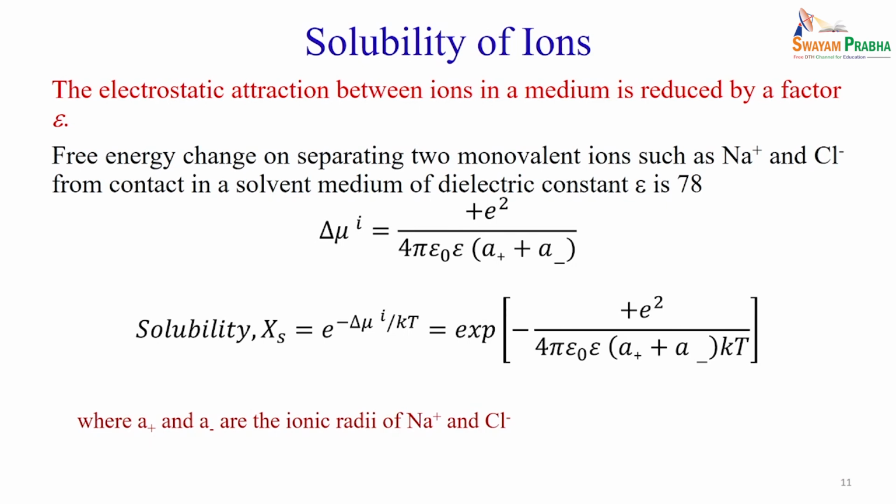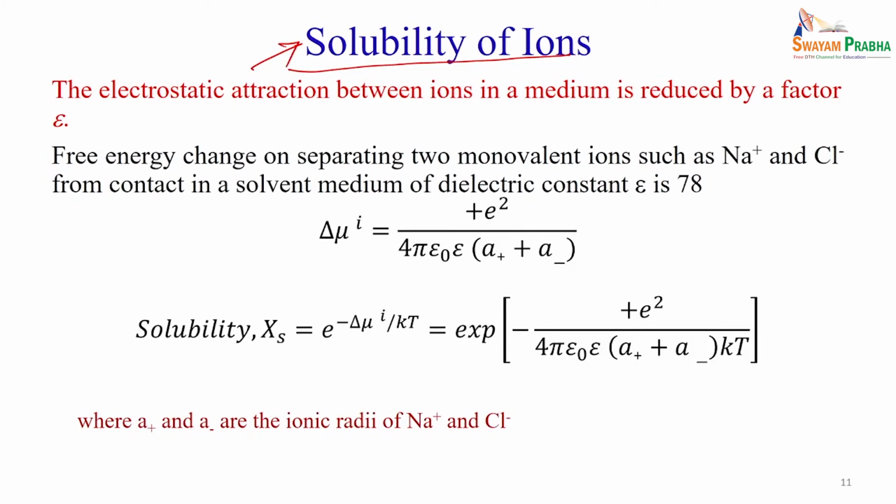So, here we will see one very interesting thing based on the intermolecular interaction, especially the Coulomb interaction. Can we relate this intermolecular interaction with a physical or chemical property? So, we are considering the solubility.